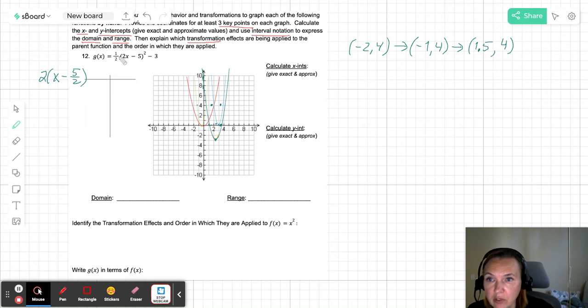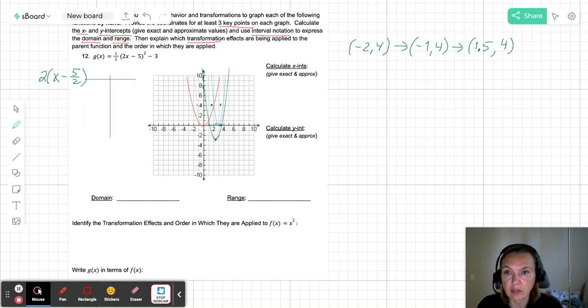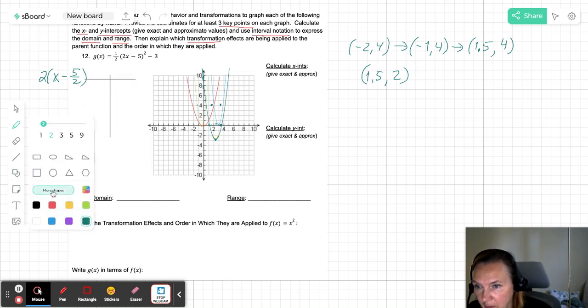Next step, we need to multiply by 1/2. So now we are shrinking it vertically by 1/2. So it's a vertical shrink by 1/2, which means that now we're going to be multiplying our y coordinate by 1/2. So our point now becomes 1.5 comma 2, and our parabola is going to look somewhat like this.